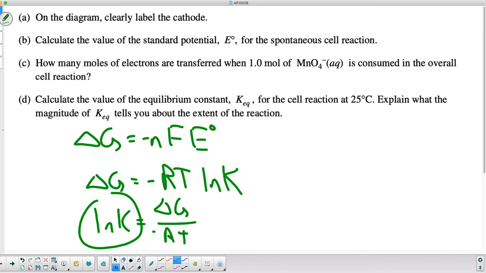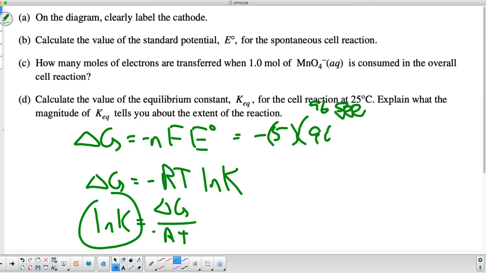The first part is finding delta G. So what does that mean here? Well, we just did 5 moles of electrons transferred. The F is 96,500, and that's joules per coulomb, and we're going to change that to kilojoules.